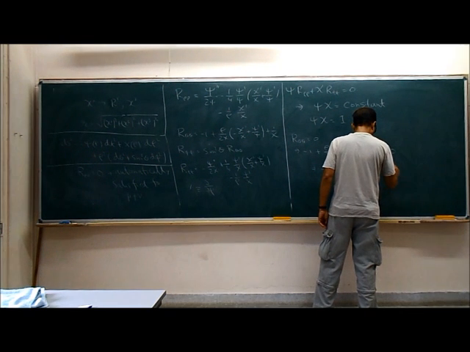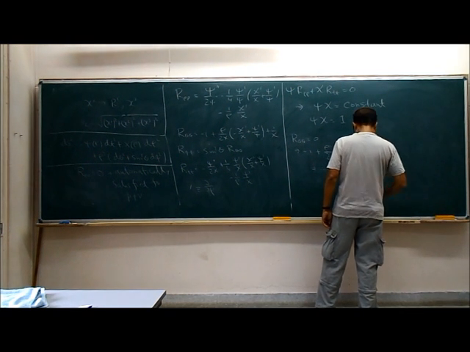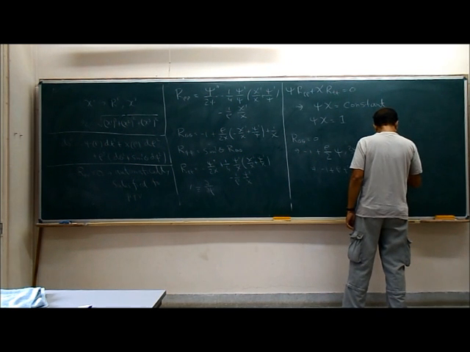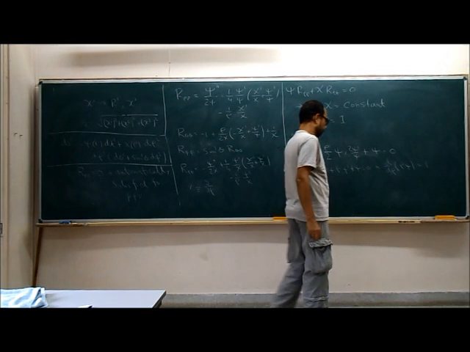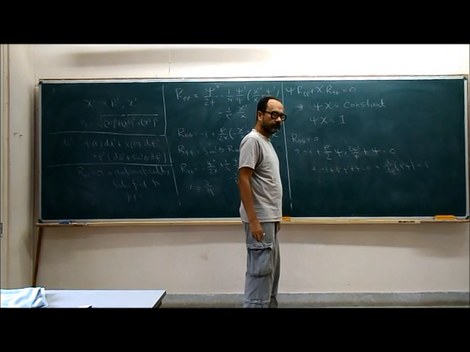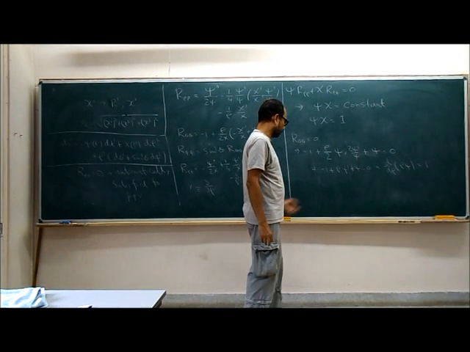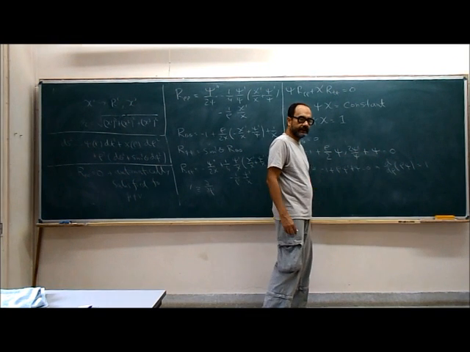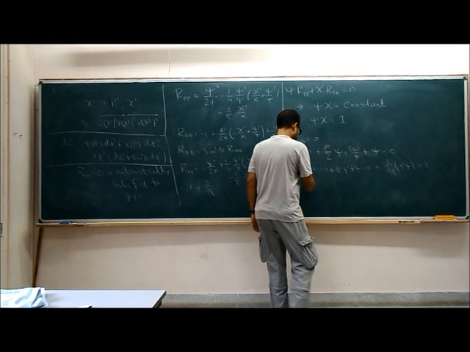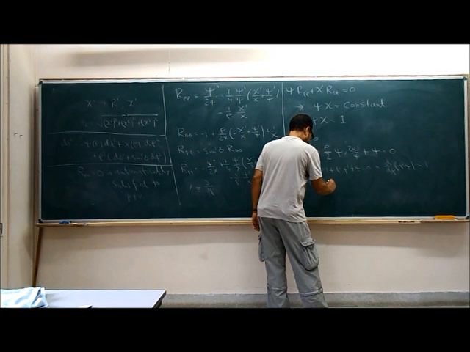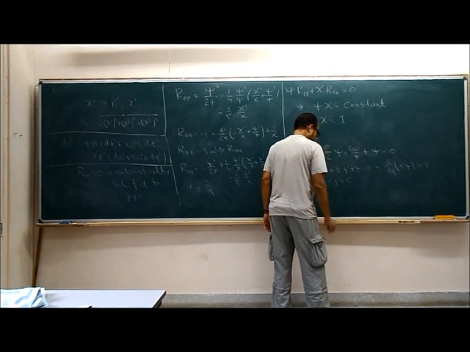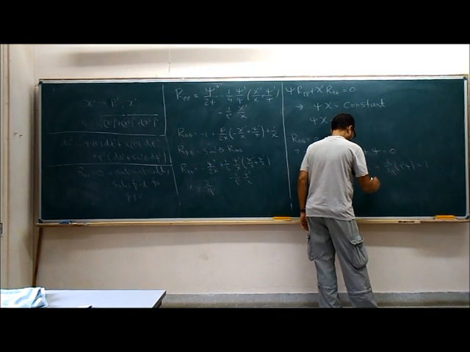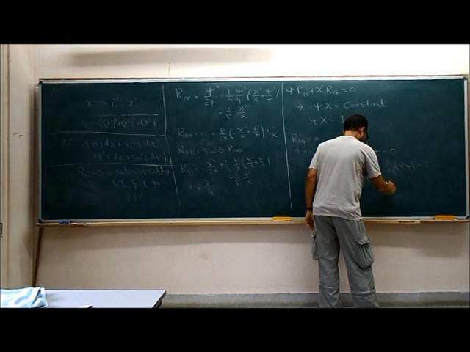Or d rho of rho psi equal to 1. Okay, because this is d rho of rho times psi. So this tells us that rho psi is equal to rho plus a constant, so psi is equal to 1 plus c over rho.